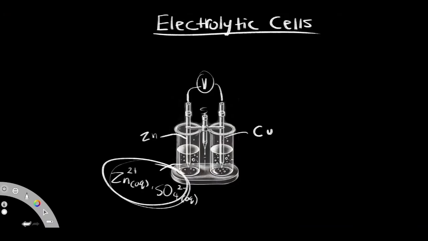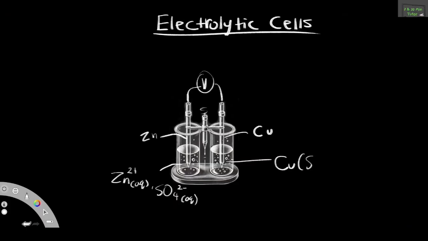We have these two things floating around within this solution. The same thing goes for this solution here: rather than zinc sulfate, we had copper sulfate, which, because it's dissolved in water, breaks apart into copper ions and sulfate ions. So that's what we have here.